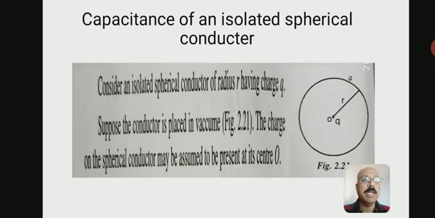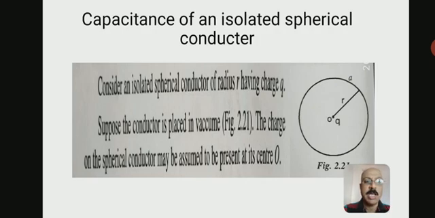Now we come to the capacitance of an isolated spherical conductor. You see the figure. In the figure, we have taken a spherical conductor having radius R, charged with Q. Consider an isolated spherical conductor of radius R having a charge Q, placed in vacuum.